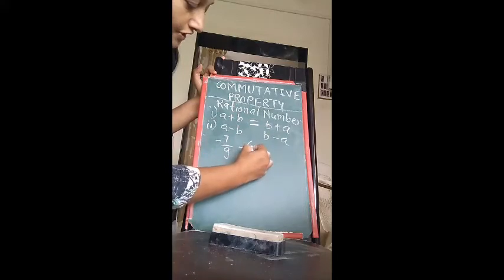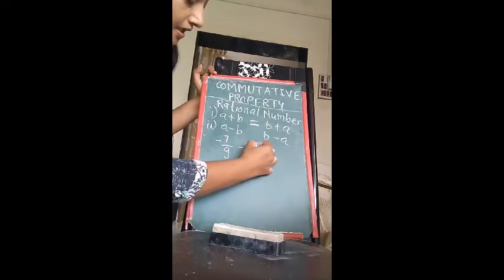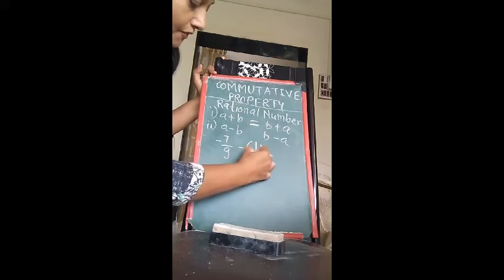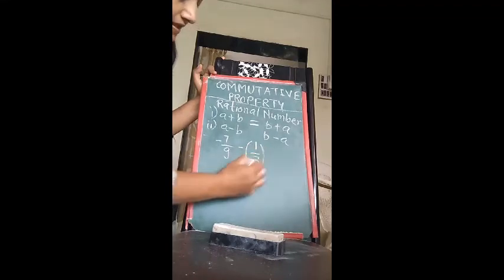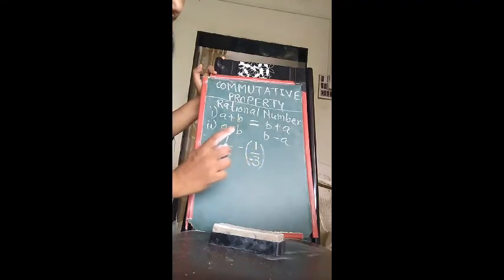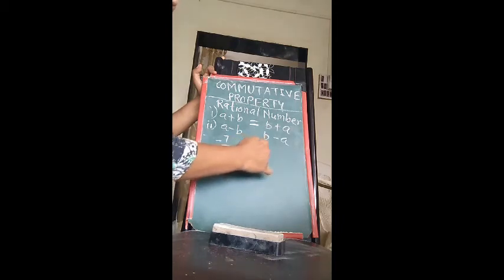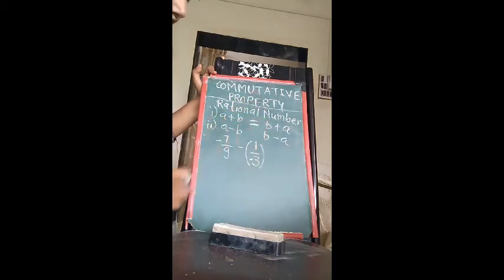Okay, so here also we are going to take 1 upon 3 minus, here I am going to give the minus sign to 3. But whenever you are going to solve this, the minus sign comes as minus 1 upon 3. Though I had given this sign to 3, while reading we can tell it as minus 1 upon 3. Okay, now we are going to solve.